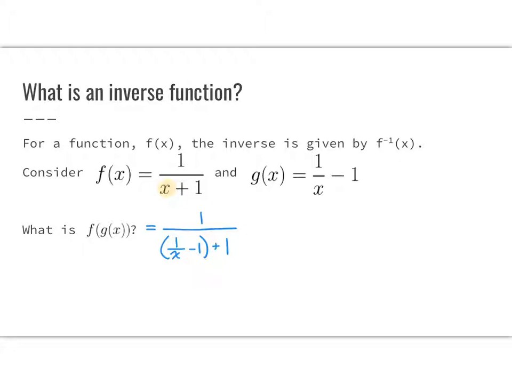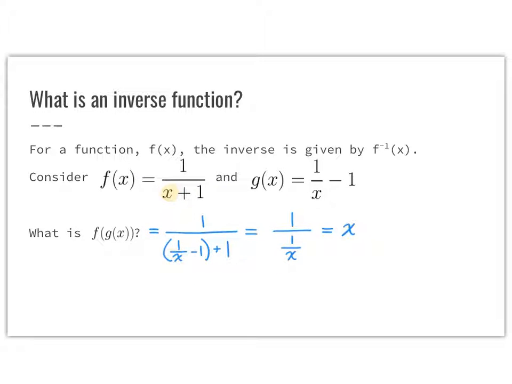Then we want to simplify it. So the denominator, 1 over x minus 1 plus 1, the minus 1 plus 1's cancel. We've got 1 over x, which is just x. So again, on the last page, we plugged in 2, we get out 2. Here, we plug in x, we get out x. So that theme continues.